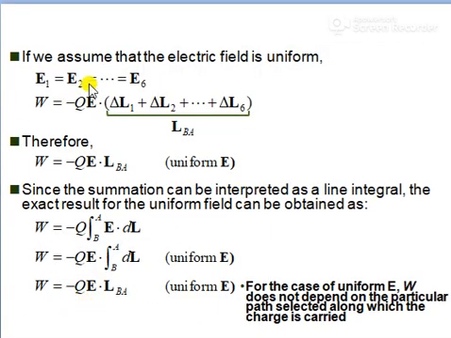Now if we assume that the electric field is uniform, then E1, E2 up to E6 are all equal to E. Therefore we can take E outside the dot product, and it becomes minus Q times E dot delta L1 plus delta L2 plus up to delta L6. This sum is nothing but L_BA, the length vector, right?